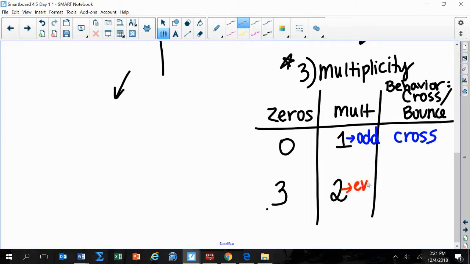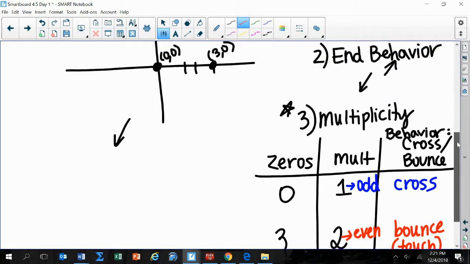Because 2 is an even number, at even numbers we bounce. Or it's just going to come up and touch the graph, and then it's going to rebound off of that intercept.